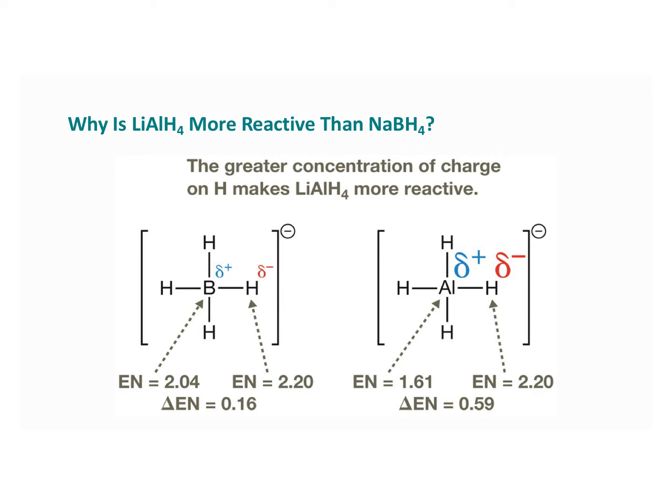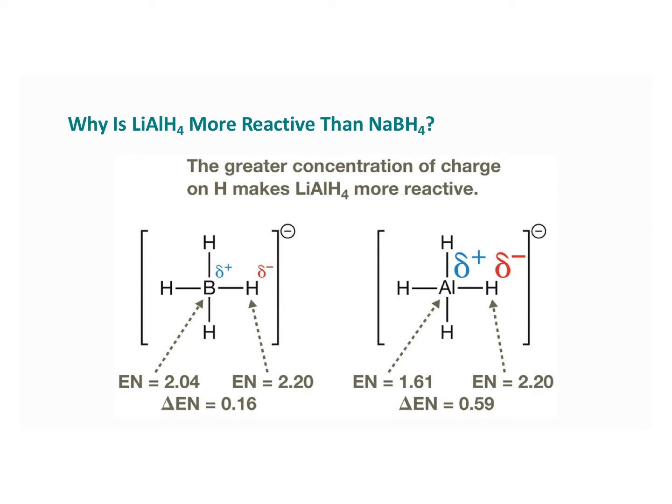And both, of course, are lower than hydrogen, which is 2.20. Because of this, hydrogen has a partially negative charge with both of these, either the aluminum hydride or the boron hydride. But the electronegativity difference is greater in the case of aluminum.